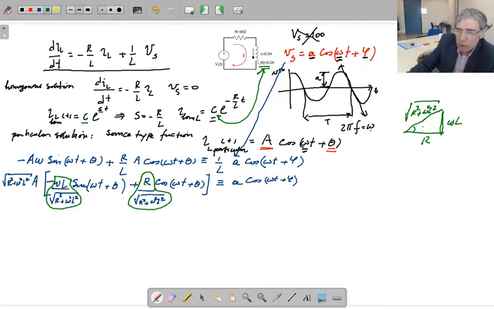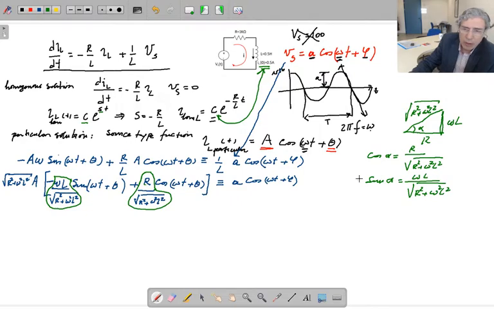If you consider that angle alpha, cos alpha is equal to R over the square root of R squared plus omega squared L squared, and sin alpha is equal to omega L over the square root of R squared plus omega squared L squared.